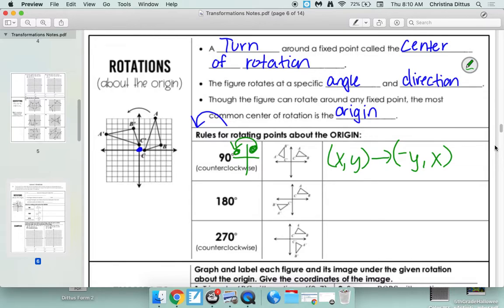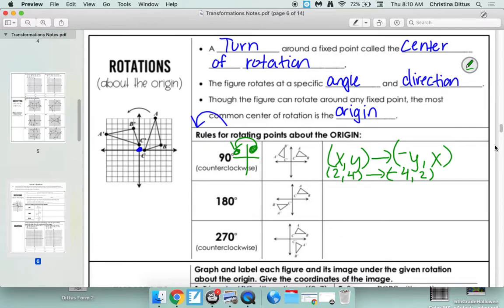So what that means is you're going to flip your x and y. Whatever your x sign is, you leave it. Whatever your y sign is, you're going to change it. So let's just do a little example. Like if I said 2, 4, first I'm going to flip them. So it's going to be 4, 2. And then I'm going to change the sign of my y value. So negative 4, 2.